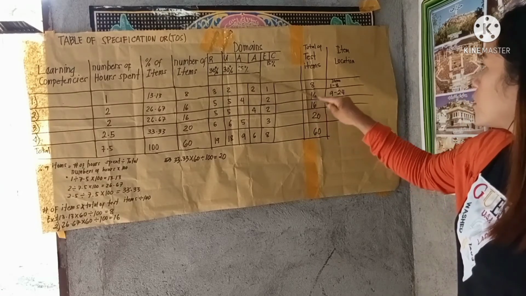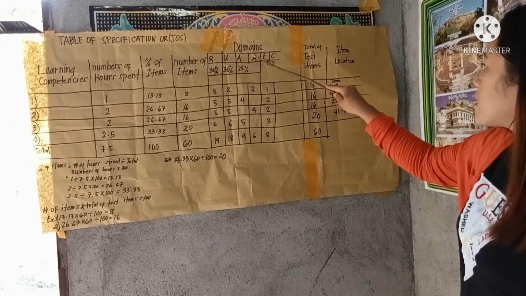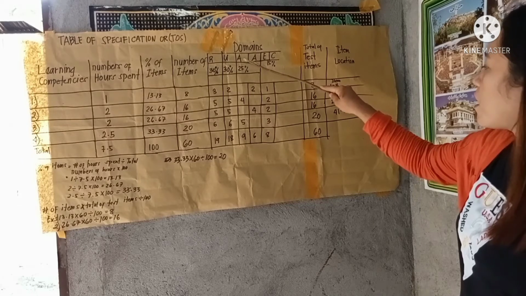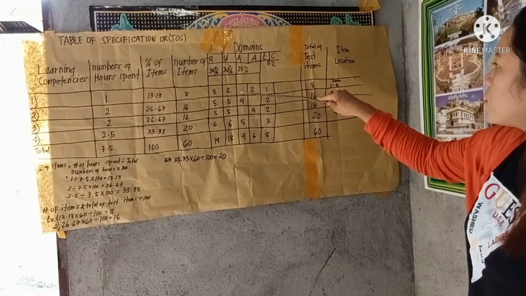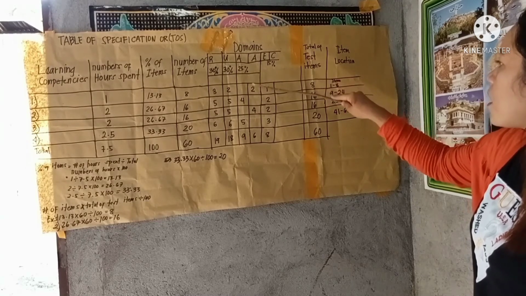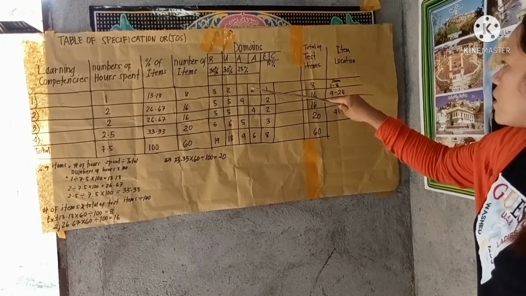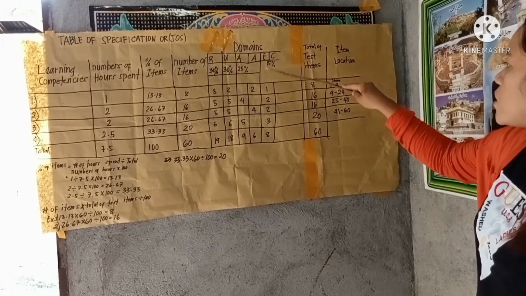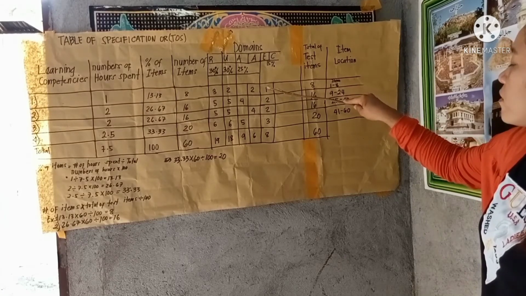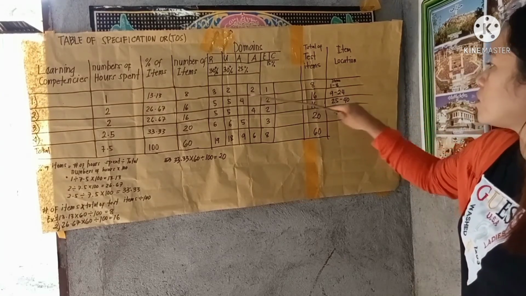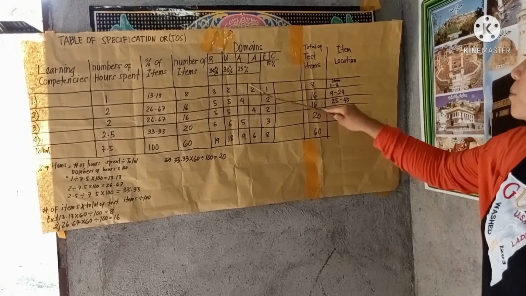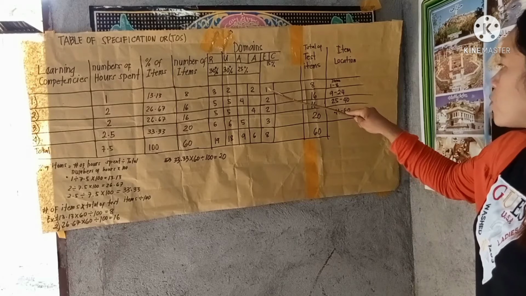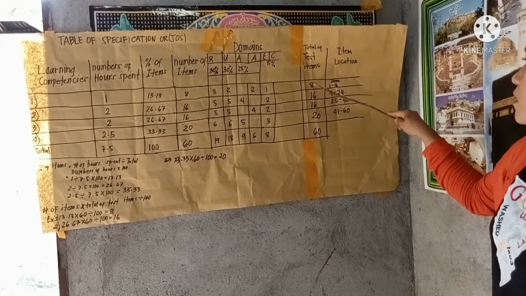Understanding, 2. For applying, I did not put a number below. Here in analyzing, 2. In evaluation, 1. So, let us add this: 3 plus 2 plus 2 plus 1 equals 8.